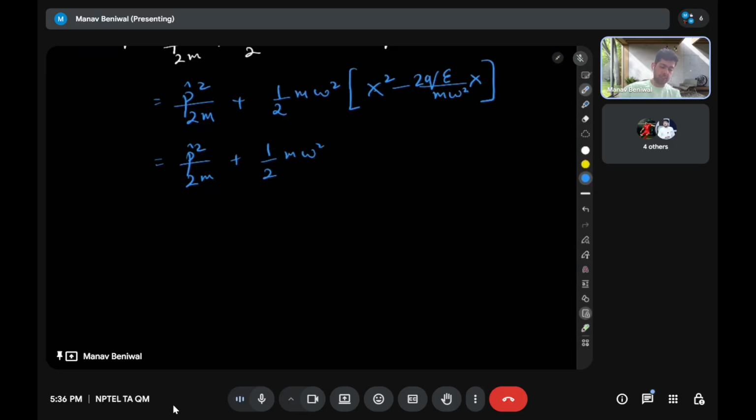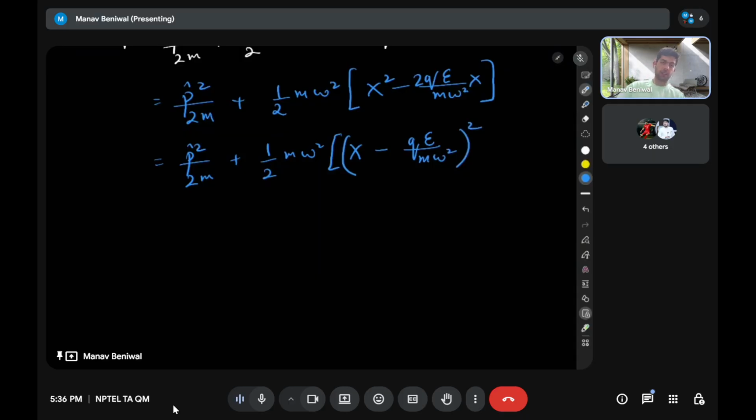If x is a and this is 2ab, then directly we get that this term is b. So we can write this as x minus qE by m omega squared, whole squared.